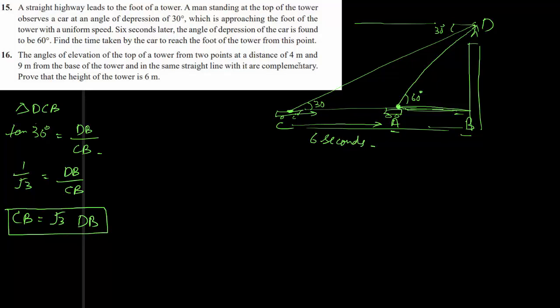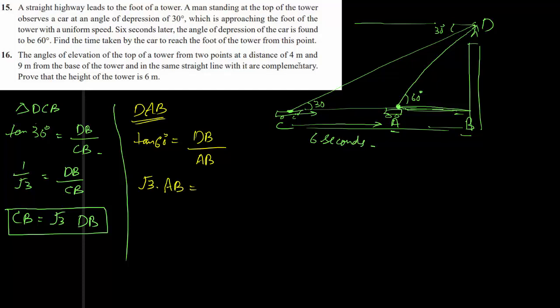Now let us use one more triangle, and that is DAB, triangle DAB. Again, tan 60 is equal to opposite over adjacent, DB over AB, right? Tan 60 is root 3, so root 3 multiplied by AB is equal to DB. Let us keep it equation 1.